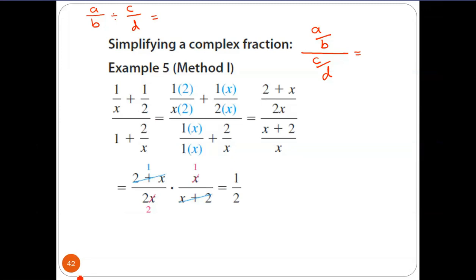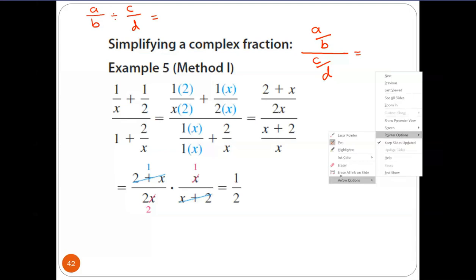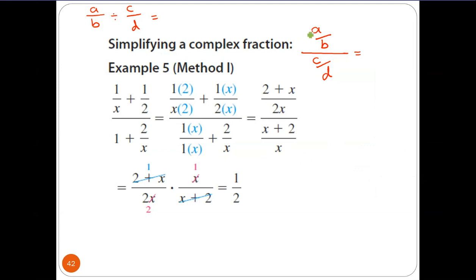Here we can multiply A with D and B with C. So the result is AD over BC directly. Okay.